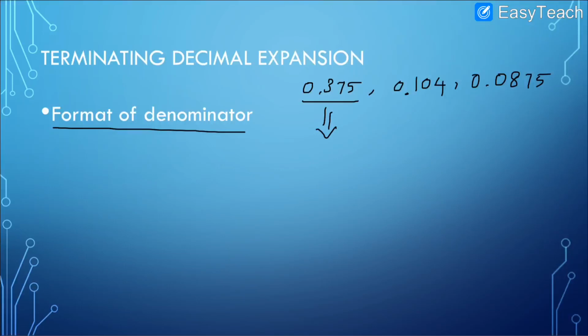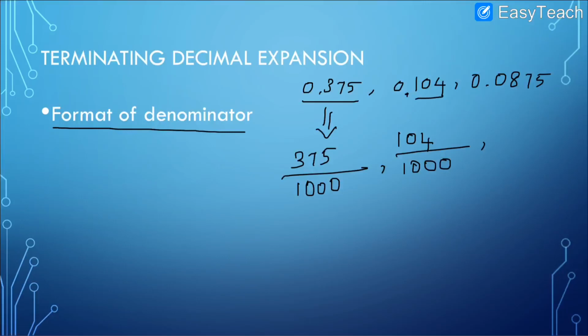I want to write the other numbers the same way: 0.104 is 104 divided by 10,000, sorry, 1000, because after the decimal point we have three digits, so thousands. And here we have 4 digits after the decimal point, so I write 10,000, with 4 zeros. I hope you know this very well.